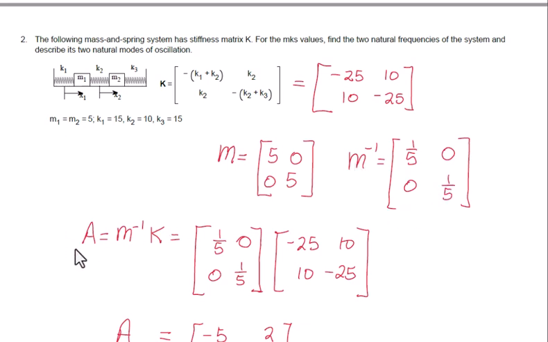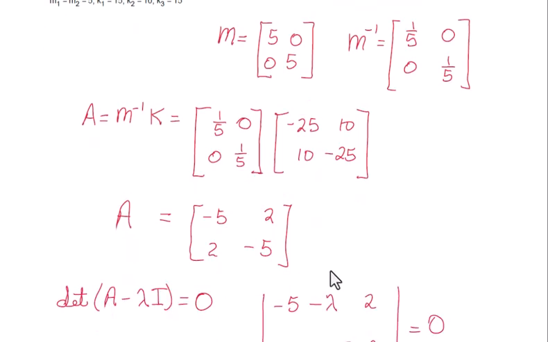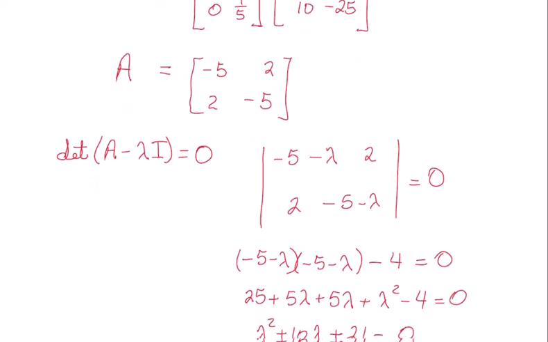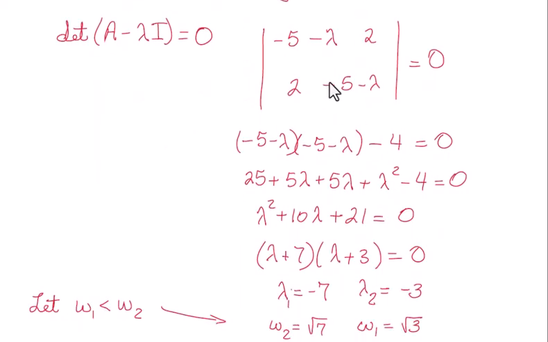And so I form matrix A, which is M inverse times K. All right, so I take M inverse, multiply it by K, and I end up with my matrix A, which looks like the following. So I form the determinant of A minus lambda I because I'm looking for the eigenvalues and eigenvectors. All right, so put all that stuff in, multiply.